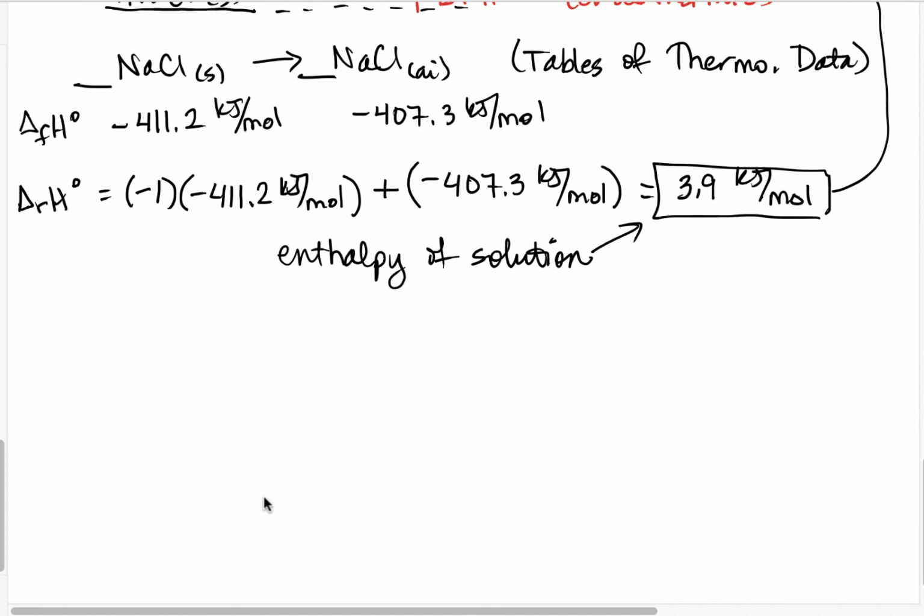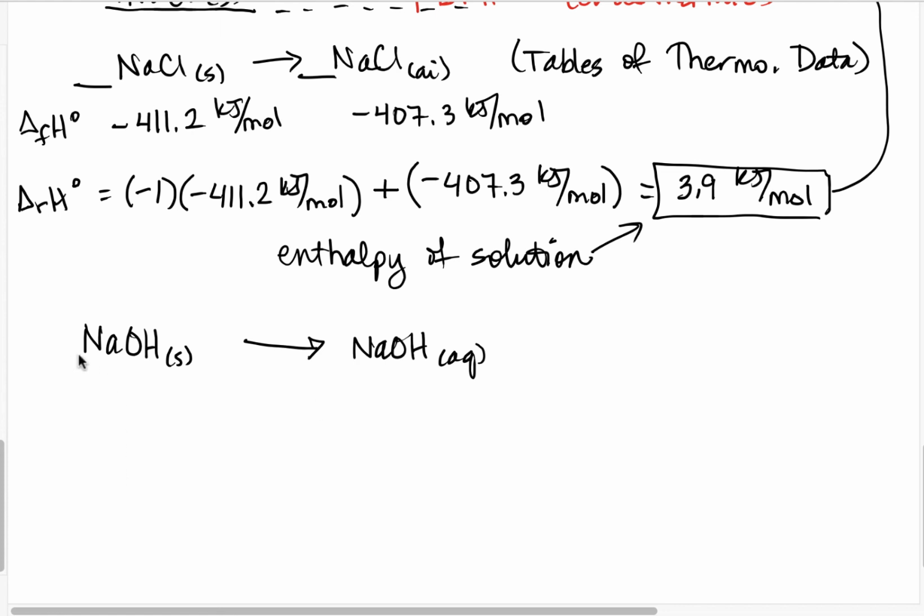So let's try doing this calculation again, and let's try it for a couple of different compounds. Have you ever dissolved sodium hydroxide that was solid in water? I hope you don't have to handle solid sodium hydroxide though, because it's pretty dangerous. It can wear away your skin. So these values are also in our tables of thermodynamic data.